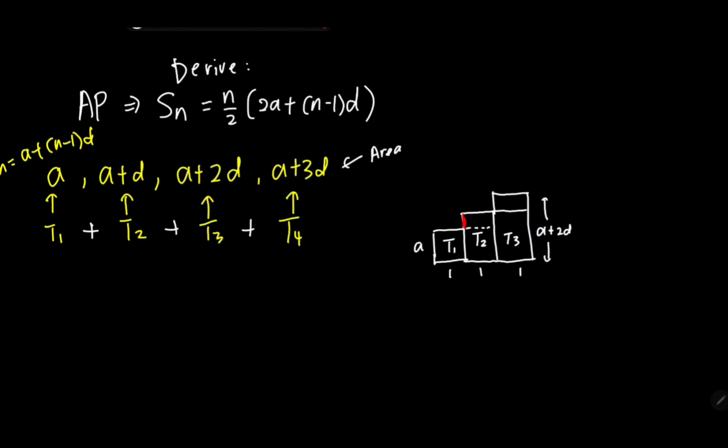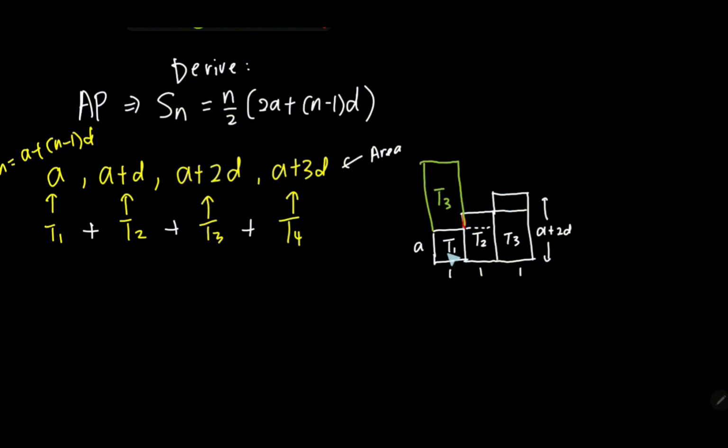If I want to add all of them, it doesn't seem like a big rectangle, right? So my idea is very simple. What I want to do is add a T3 on top of T1. Imagine this is T3.